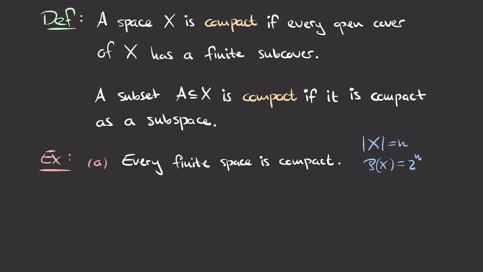This means that you can have at most 2 to the n open subsets, because that's the total number of distinct subsets you have in such a finite space. In particular, any open cover will also have a finite number of elements to begin with, because you only have finitely many open sets, so such a finite space is compact by default.